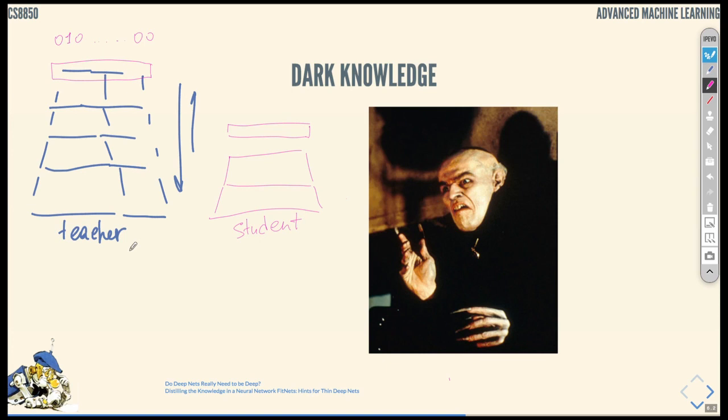The point is to take this layer of a trained teacher network and use it as a target for the student network to train, to minimize the discrepancy on the same input data.